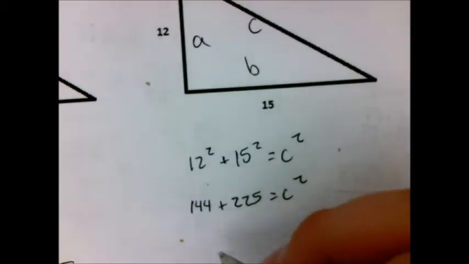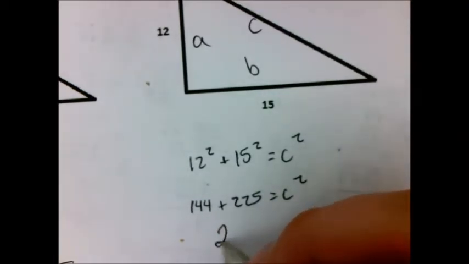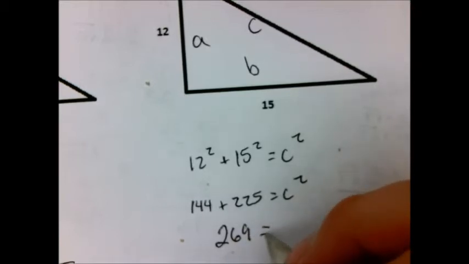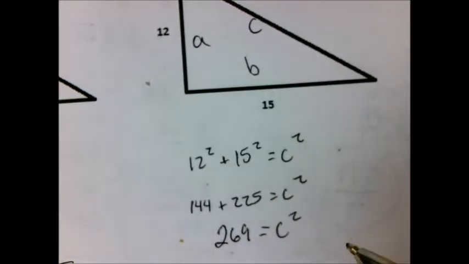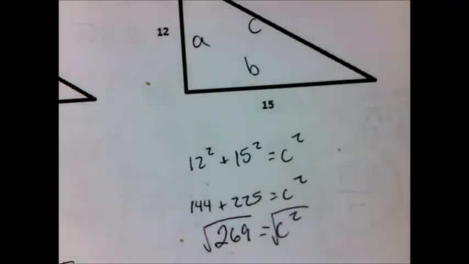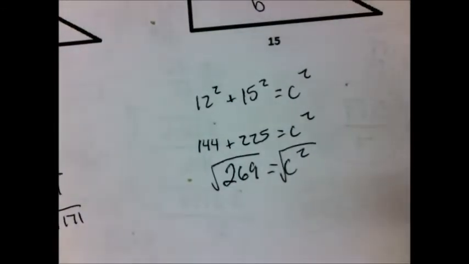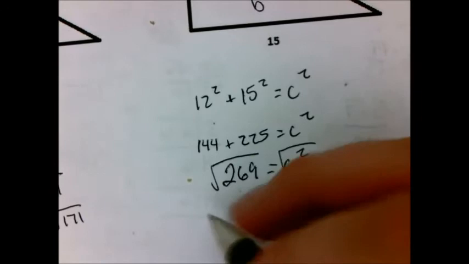When you add these two together, you get 269 equals C squared. We had to square root both sides. Once we square root both sides, we know we got to break this down.